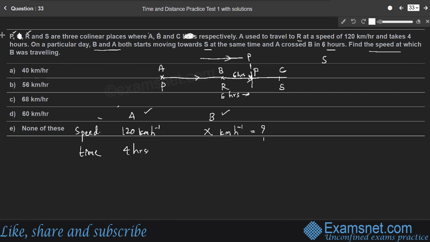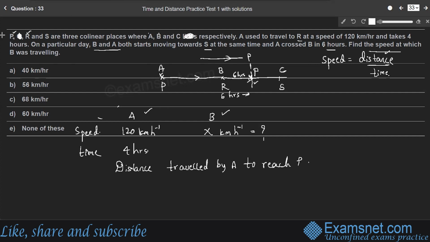Here we know that speed can be expressed in terms of distance and time. Speed is distance by time. So here we will express the distance in terms of speed and time, so that we can easily find B's speed. So the distance traveled by A to reach P, the point P where A crosses B, is speed into time.